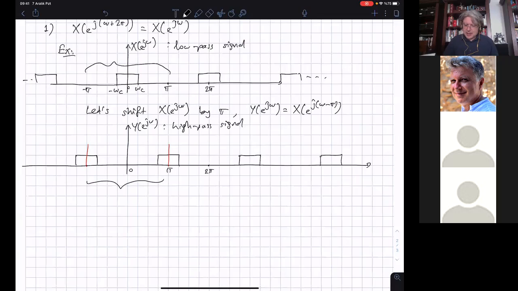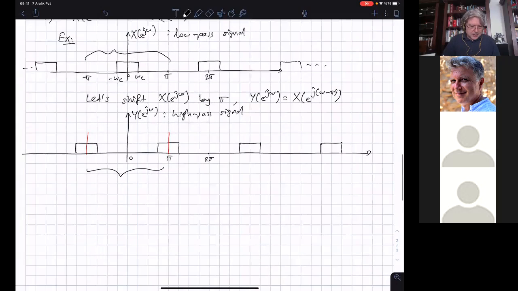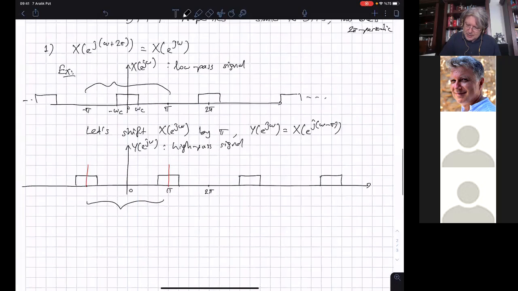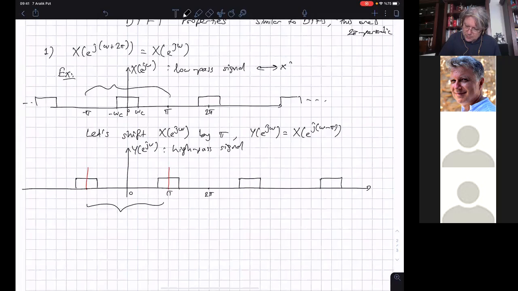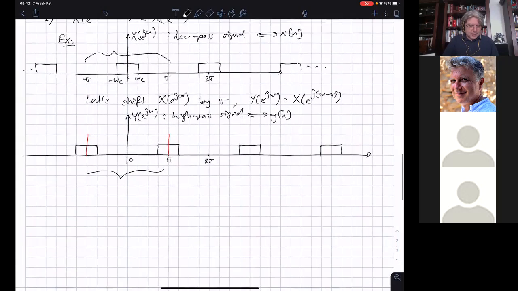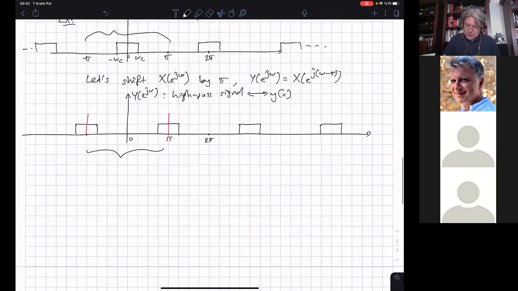What is happening in the time domain? We have this one corresponding to x of n, and this one corresponding to y of n. If you make this kind of a shift, it may be a future property, but we are not going to cover that property. This example already shows you that property.